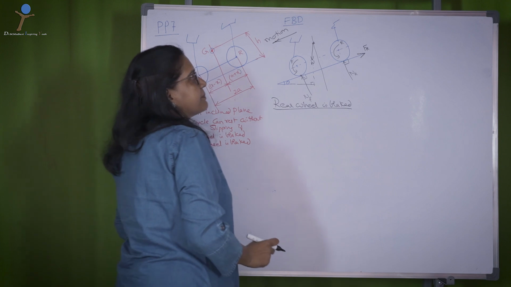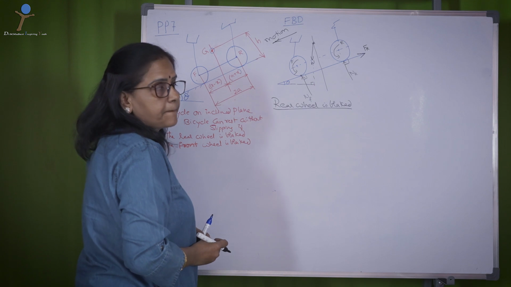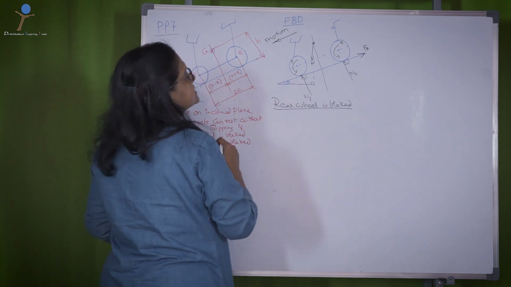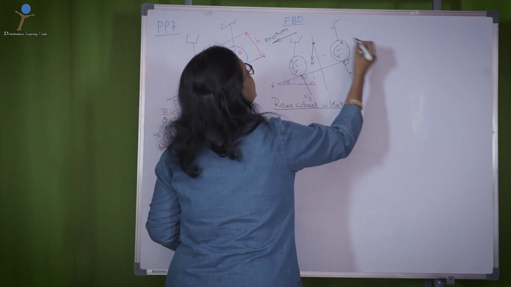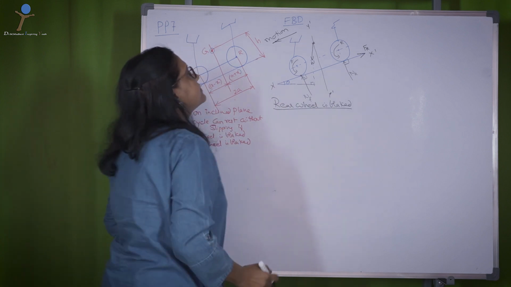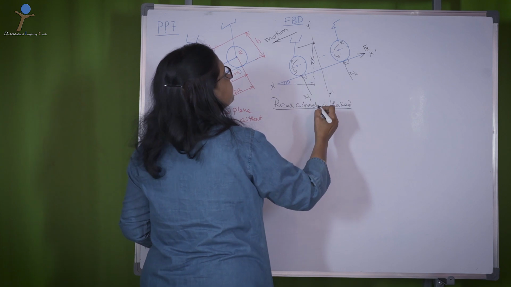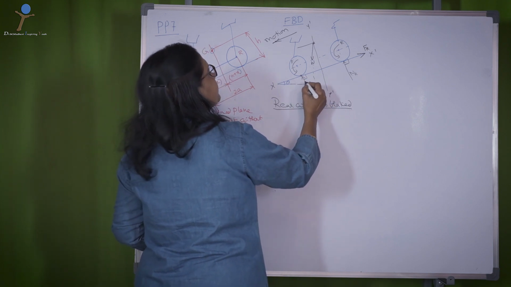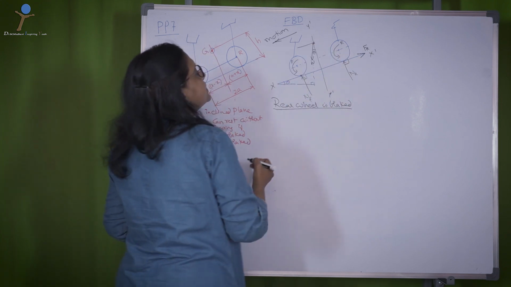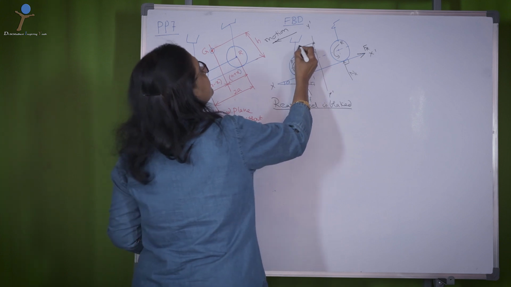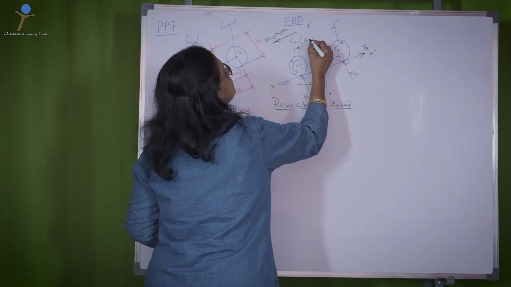That means, when the brake is applied to the rear wheel, the frictional force acts in the upward direction. Once you know this, let us resolve all the forces along x dash and y dash. This is theta, then I can resolve the weight as w cos theta and w sin theta.